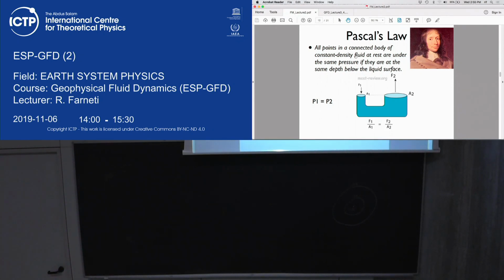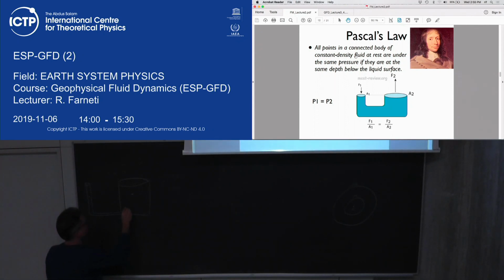Okay, so if you are at the same depth, here and here, pressure is going to be the same, right? Because it's related to the height or the head of the fluid.